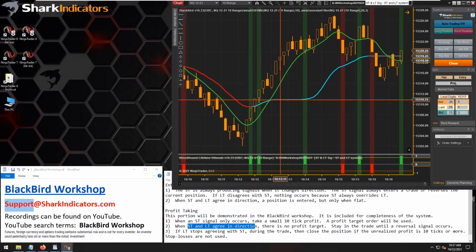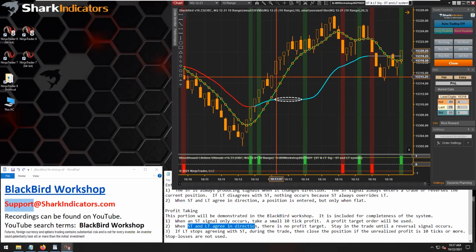But at some point, we can see here that the ADX VMA goes flat. So now the two indicators are no longer in agreement. I think it's this bar right here that the long-term indicator no longer agrees with the short-term indicator.